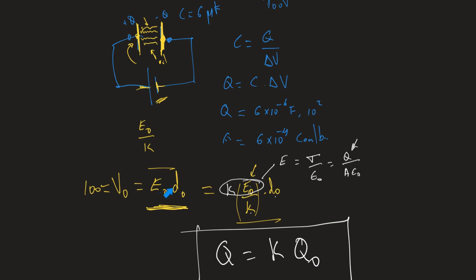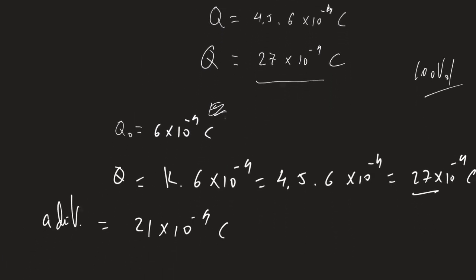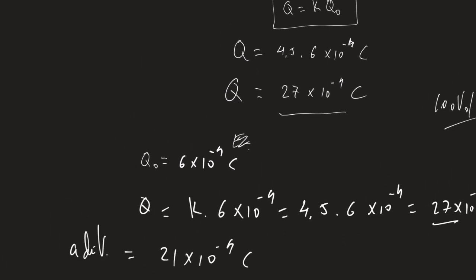Now if you place a dielectric and you maintain V0 fixed and D0 fixed, the electrical field will not stay constant because it is being reduced by a factor of K. So you need the charge on the plates to be K times Q0 to produce an electrical field that compensates this decrease. So I calculate the new Q, and the new Q will be this amount.